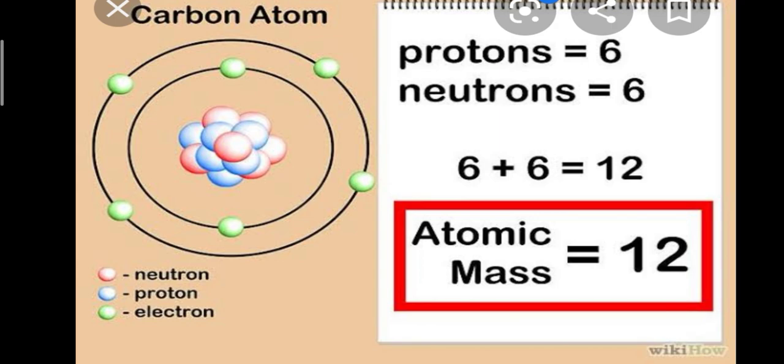In this way 6 electrons are distributed. The number of protons is 6 and the number of neutrons is also 6. So 6 plus 6, 12. In this way the atomic mass number of carbon is 12. I hope now you got a clear idea how to write atomic number and atomic mass number.